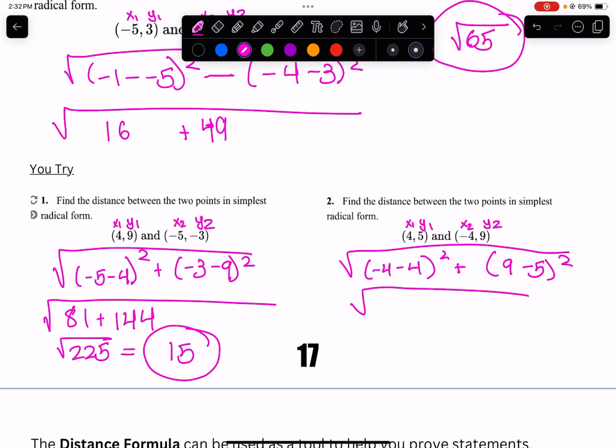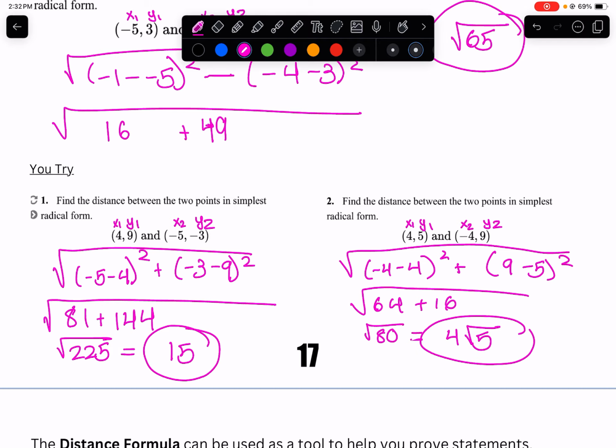So that is going to be 64 plus 16. So then we have square root of 80. And now to see what that is in simplest form, I'm using the calculator trick. So in y equals, doing 80 over x squared, and I get 4 radical 5.